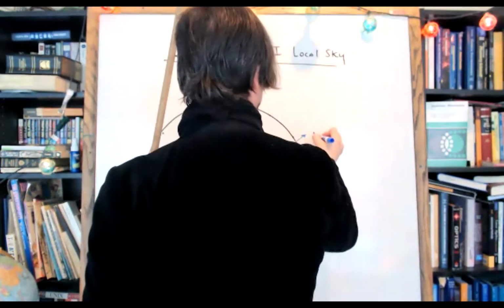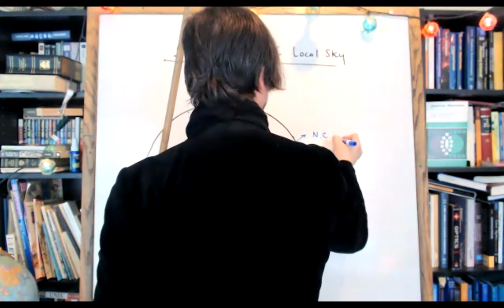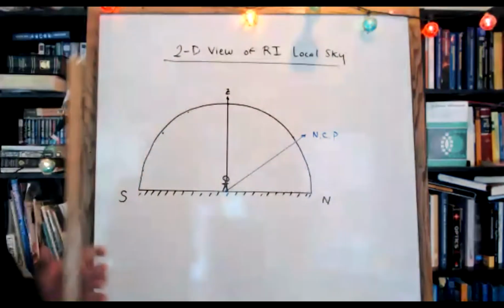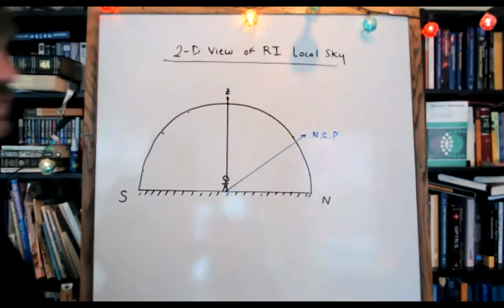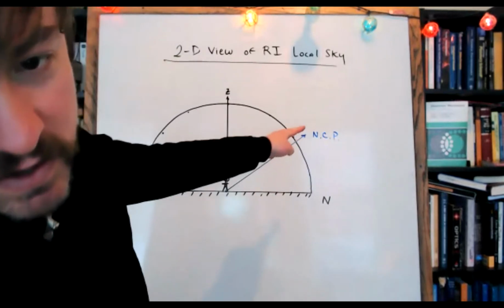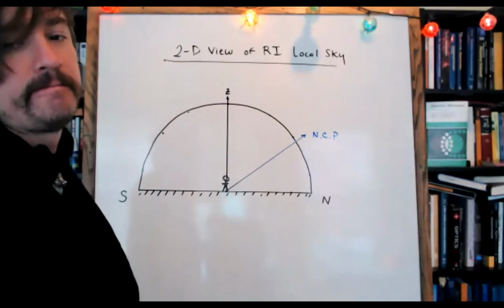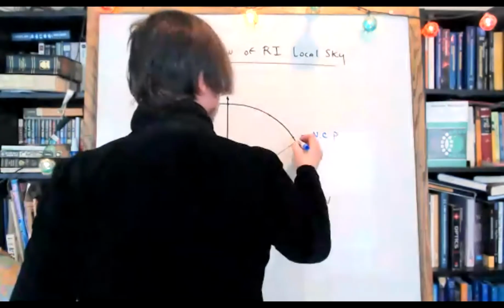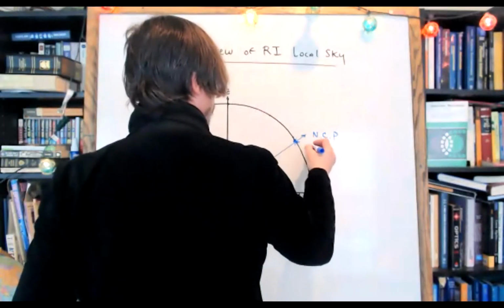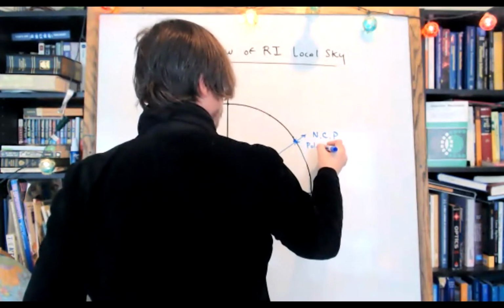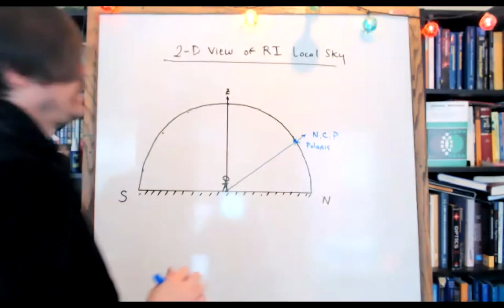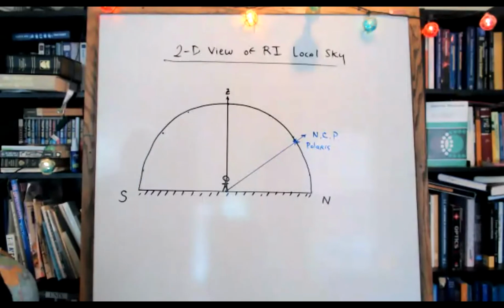And label that NCP for North Celestial Pole. You guys remember the name of the star that's at the North Celestial Pole, right? What's the name of that star? Polaris. Good. Let's put that on our sky. We'll put Polaris right there in the sky to remind ourselves that Polaris is at the North Celestial Pole.